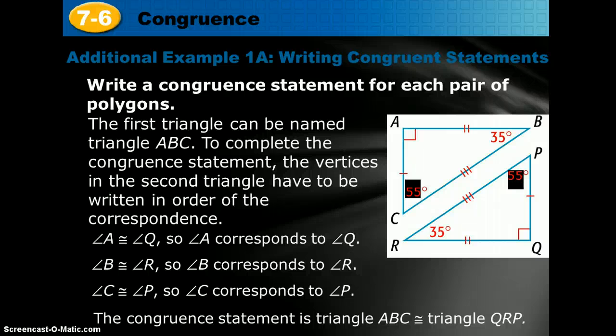So angle A matches up with Q, B matches up with R, and C matches up with P. So we would say triangle ABC is congruent to triangle QRP. That is our congruent statement.